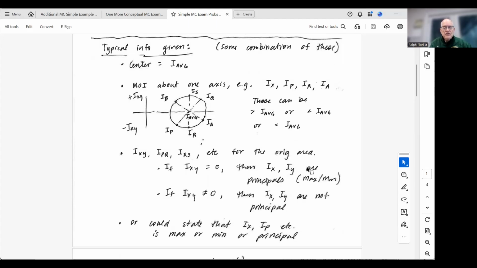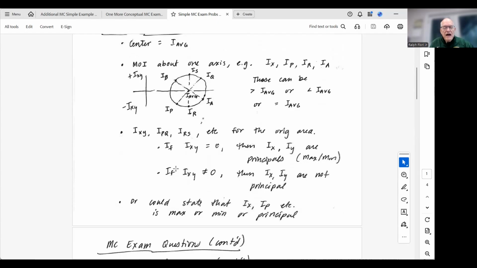Then they're your max or your min. If you're given a product of inertia that's not zero, then your original IXY are not principal. The product of inertia that you're given can be positive, which means it's going to plot somewhere on the top part of the circle, or it can be negative, which means it'll plot somewhere on the lower half of the circle.